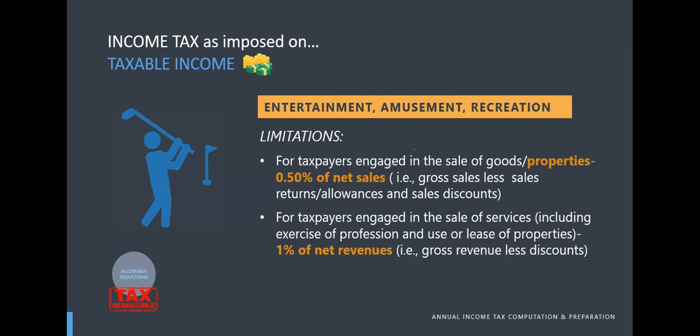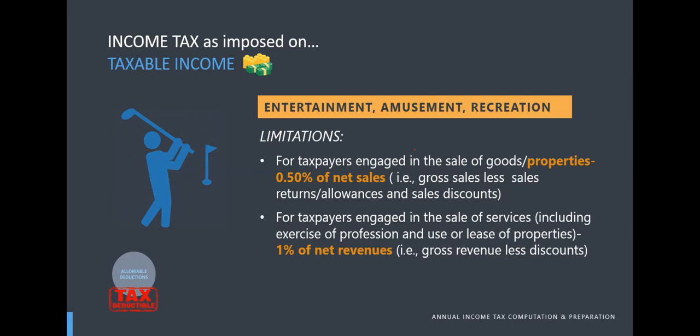So the resulting limits of those two shall be the amount of limit for tax purposes. In our previous example, we have 5,000 for the sale of goods, assuming 1 million for net sales, and 1 million for net revenues for the sale of services.